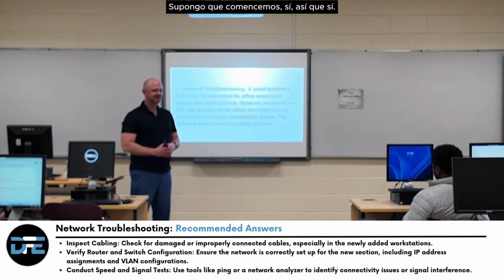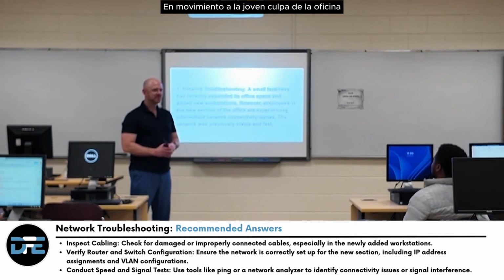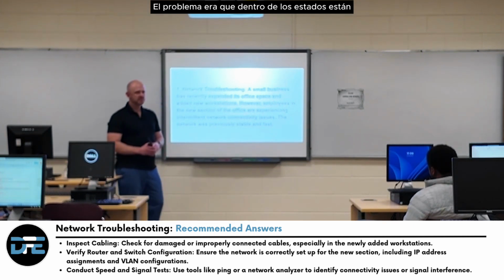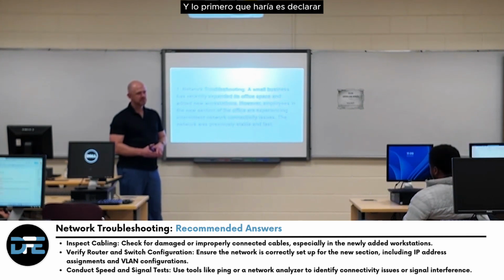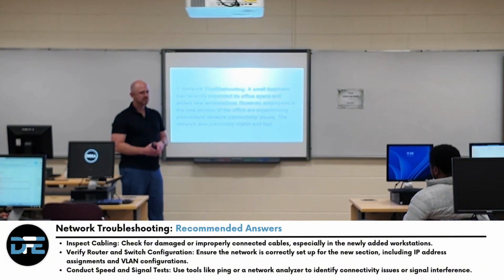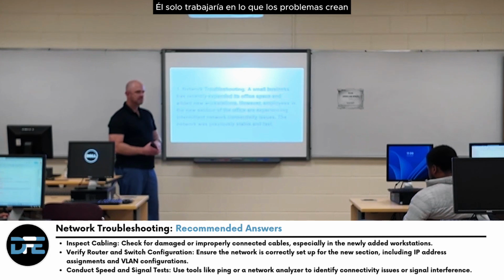Obviously there were no issues before they moved into the office, which led me to believe the issue was within their office space. First thing you would do is ask, before moving into the space, what was the state of the connectivity line? Was it stable? The answer would be that it was fine before you moved in. Then you would work on what the problems could be.